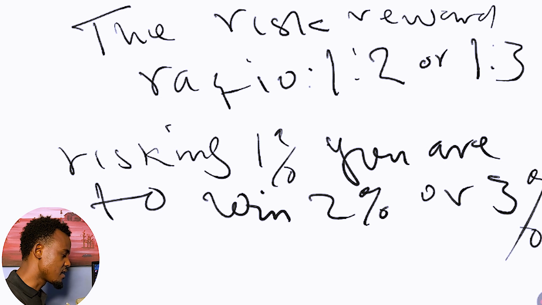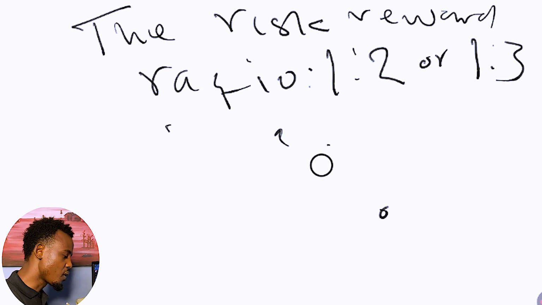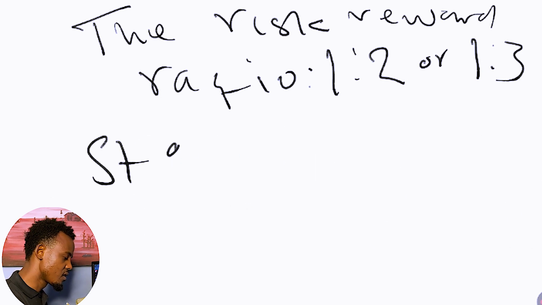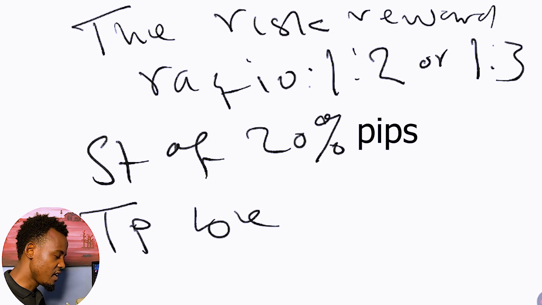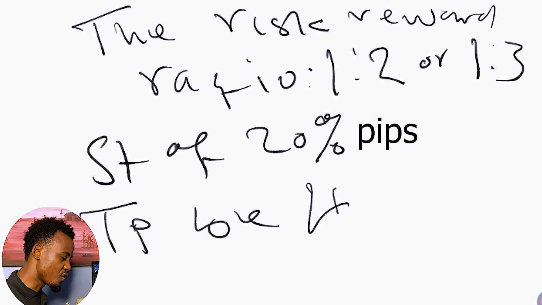In such a way that if you're putting a stop loss of 20 pips, let your take profit, let your TP be 20 times 2, which is 40. Let your TP be around 40 pips.